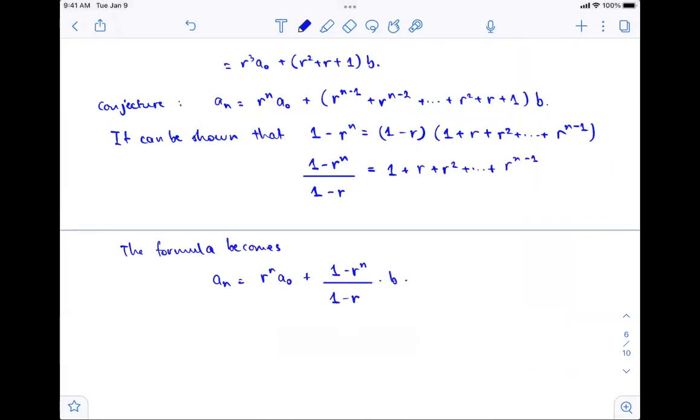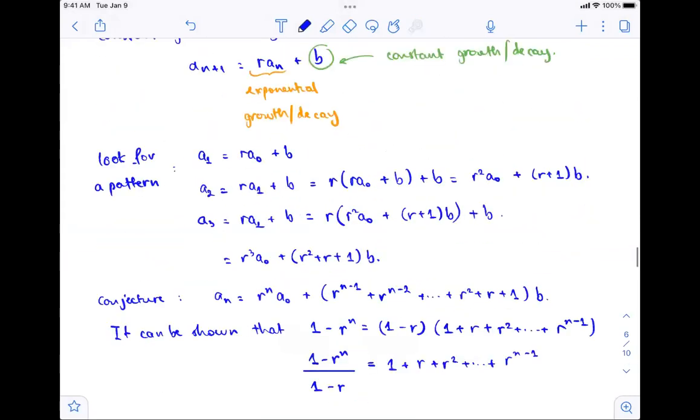And we want to know if this actually works for our model, the linear dynamical system of this form. We substitute our formula into this linear dynamical system, and hopefully we get a true statement.